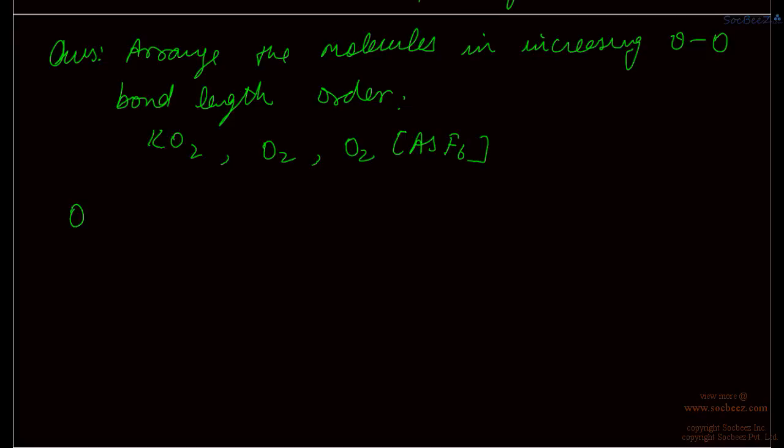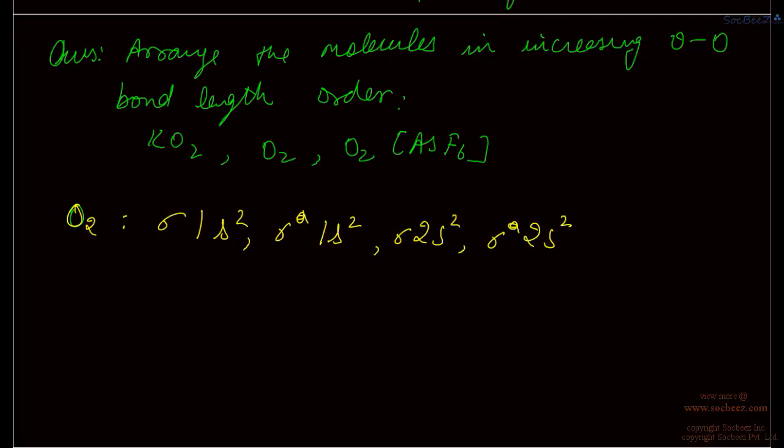So in case of O2, the electrons were filled as sigma 1s2, sigma star 1s2, sigma 2s2, sigma star 2s2, sigma 2px2, and after that pi 2py2, pi 2pz2.